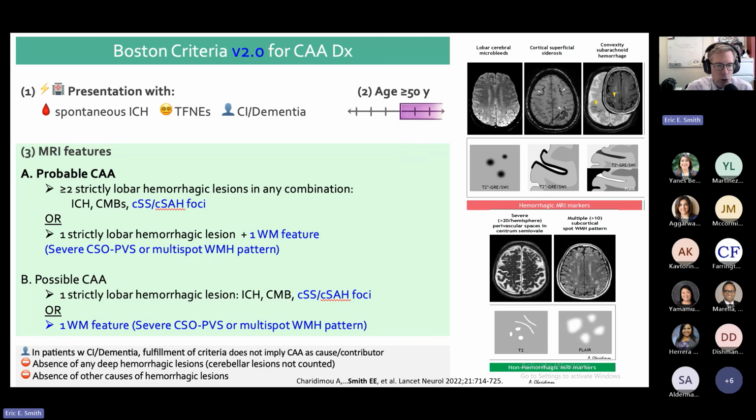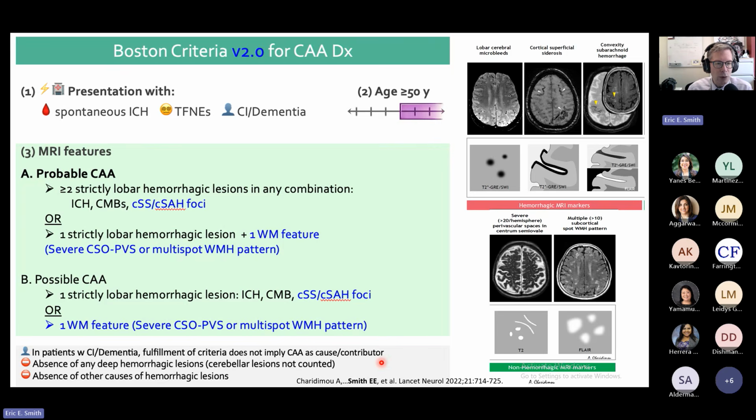Or, and this is new, the blue features are new in version 2.0 compared to version 1.5 or 1.0, you could have probable CAA based on 1 strictly lobar hemorrhagic lesion plus 1 white matter feature, which is severe centrum semiovale perivascular spaces or a multi-spot white matter hyperintensity pattern defined as 10 or more spots, which I'll come to and expand on later.